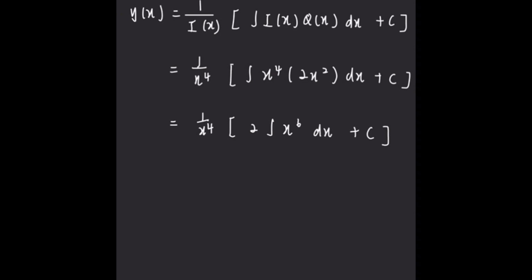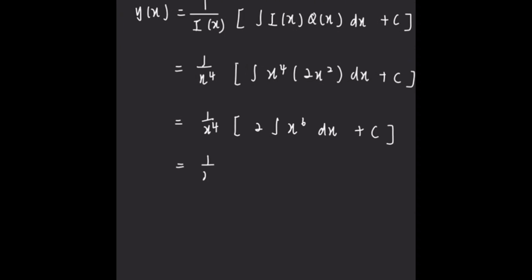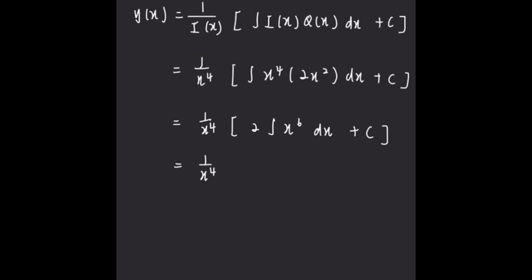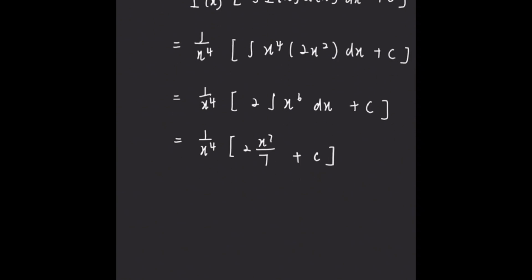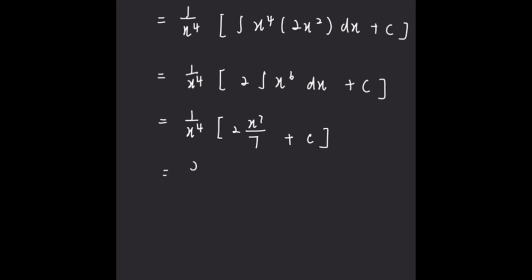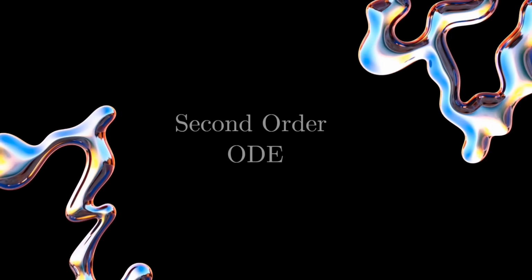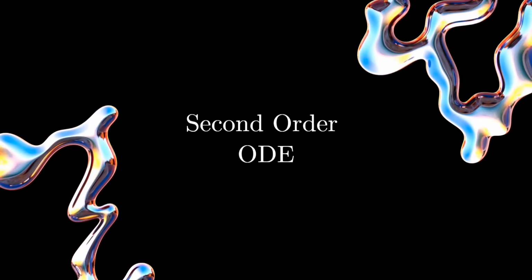After integrating, it will become 1 over x to the 4, bracket, 2x to the power of 7 over 7 plus c. So the final answer will become 2x to the power of 7 divided by 7x to the power of 4, plus c over x to the power of 4. Now moving on to the second order ODE demonstration.